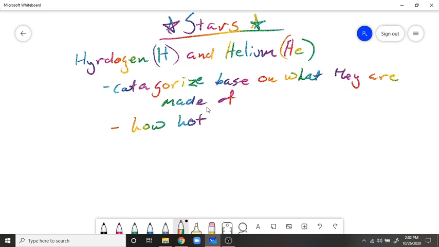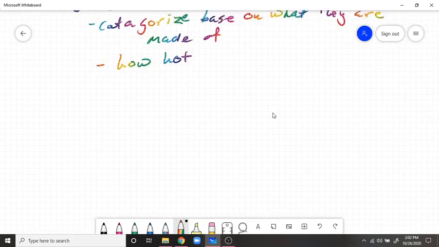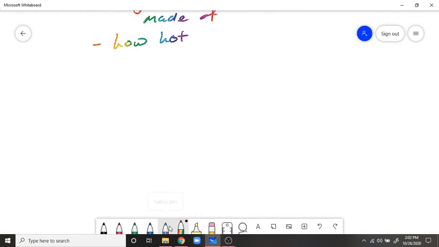And we have about 7 categories of stars. Our first category is our biggest. O-type stars. O-type stars are the largest and they are the most rare.